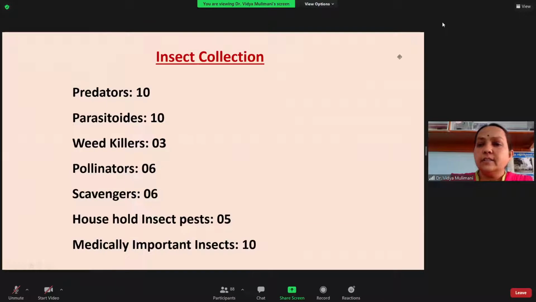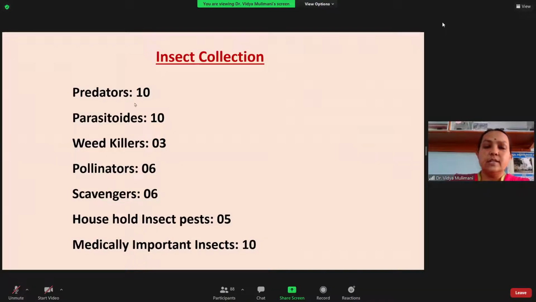And another thing, students, I think you'll be coming back to college next month or so. But in this course also, you have to go for the insect collection. It is not as you collected in the first course. I think you are still collecting the insects in the first course. But here the category of the insects you are collecting is different. So here also you have to collect 50 adult insects, no immatures.